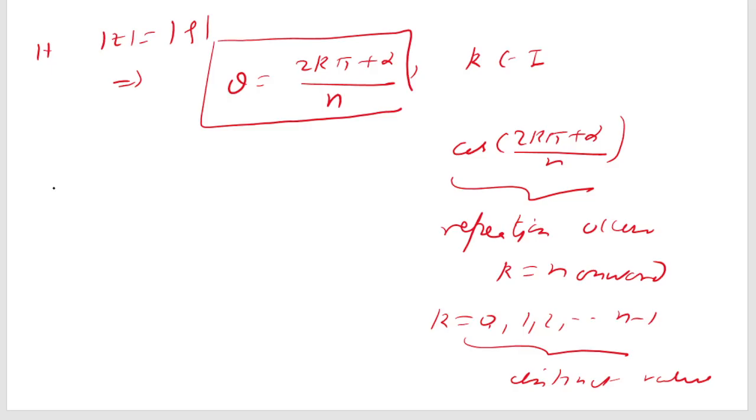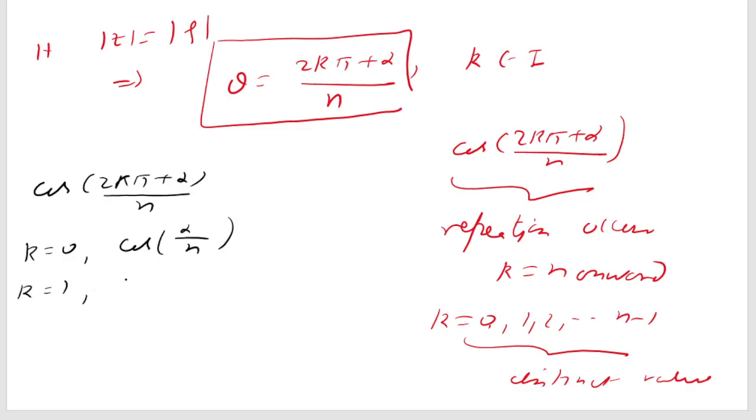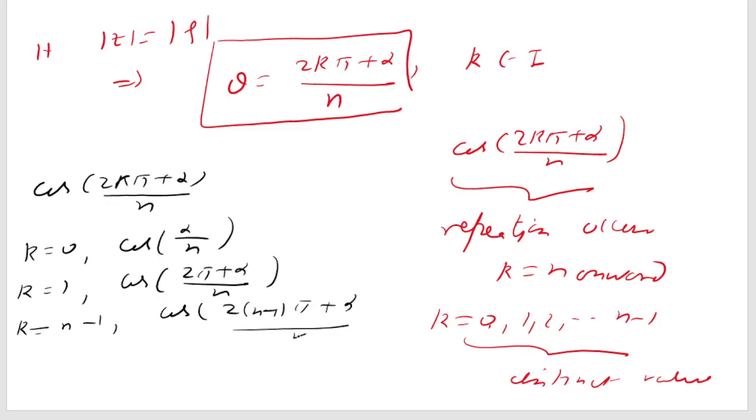Take cos of 2k pi plus alpha by n. If I choose k equal to 0, then the value is cos alpha by n, a distinct value. If k is equal to 1, cos of 2 pi plus alpha by n is also a distinct value. If I choose k equal to n minus 1, that is again a distinct value, cos of 2 n minus 1 pi plus alpha by n.